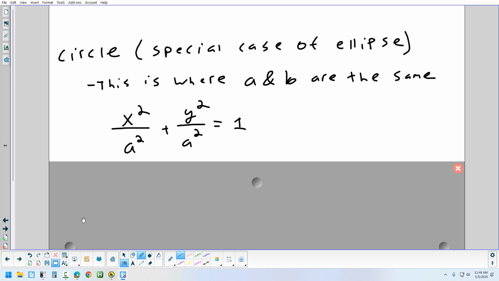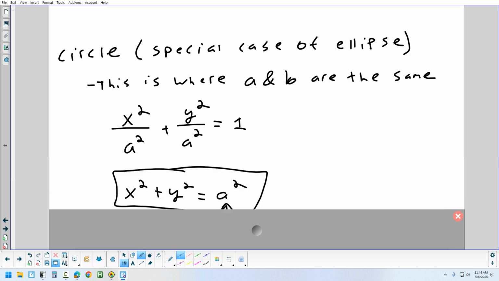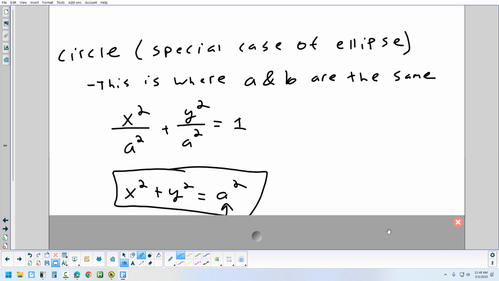Now, when we write the equation of a circle, normally they don't write it with fractions. How could I get rid of my fractions in this case? Yeah. You multiply everything by a squared. Yep, you can multiply everything by a squared, and you would get that.